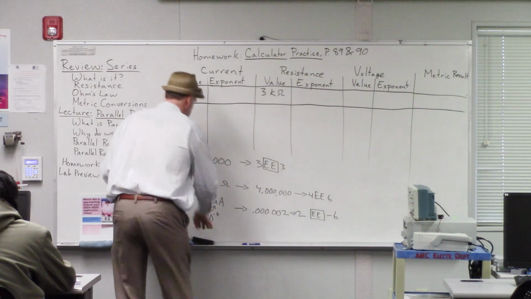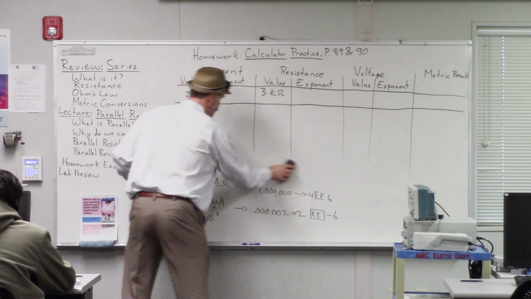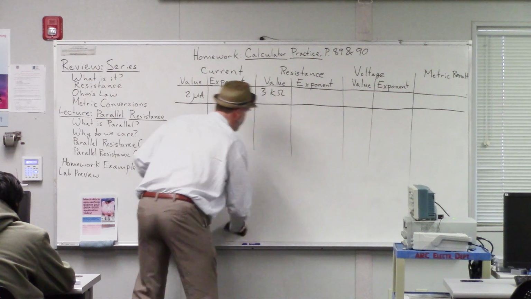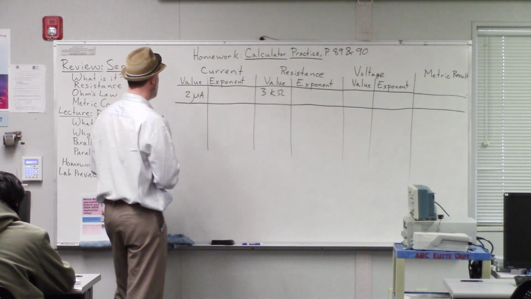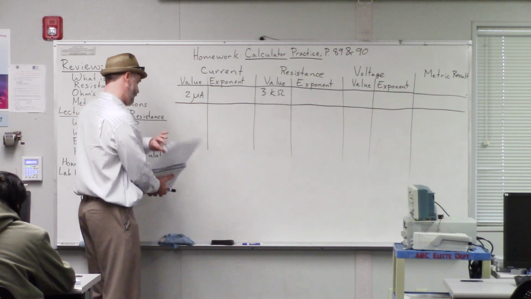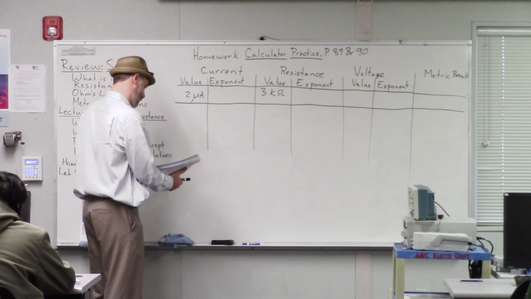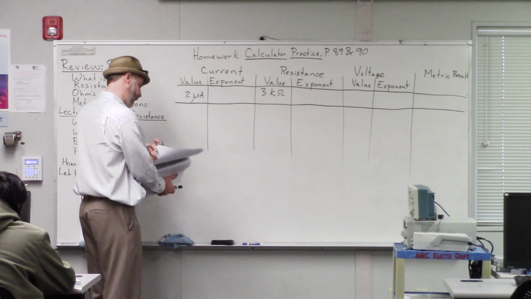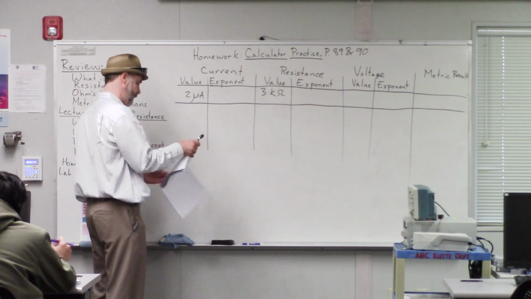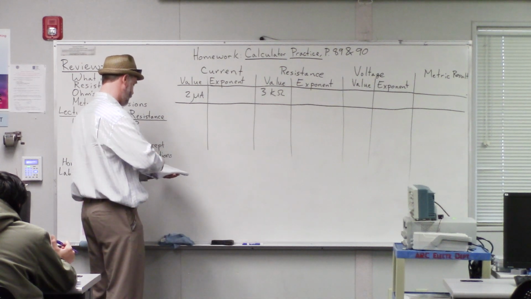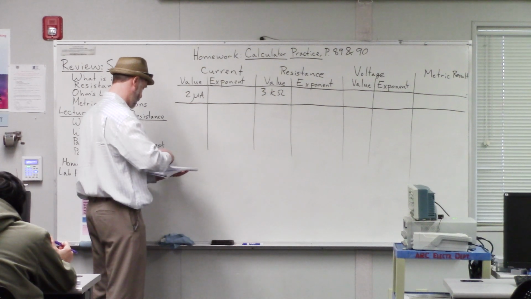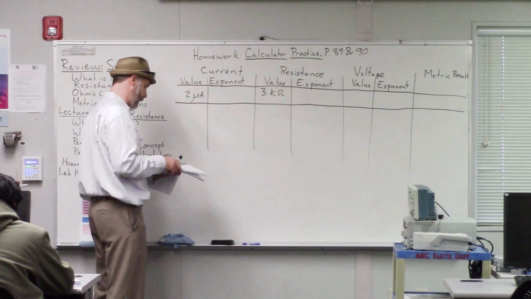So again, we're trying to use our calculator to do these calculations so we don't have to type in lots and lots of zeros. So what we can do is look at the 2 microamps and try and figure out what micro stands for. So we have that super helpful chart. There's one on page 91.